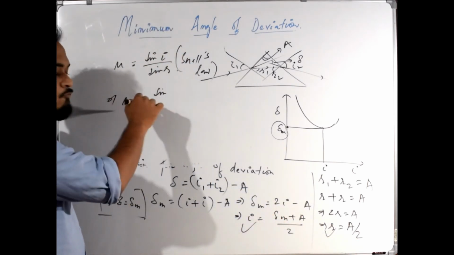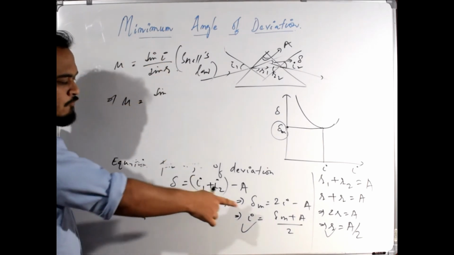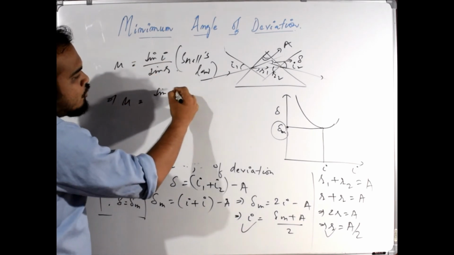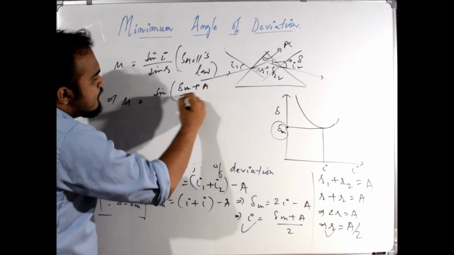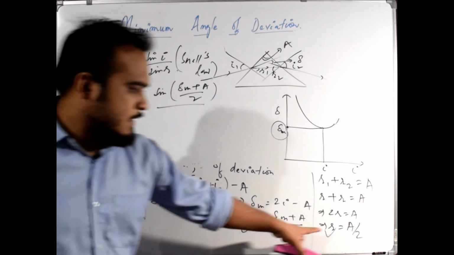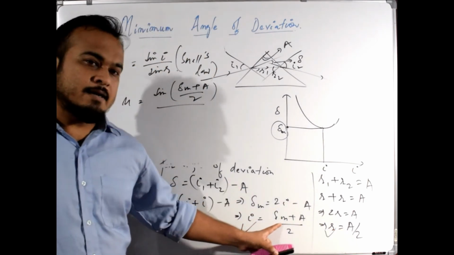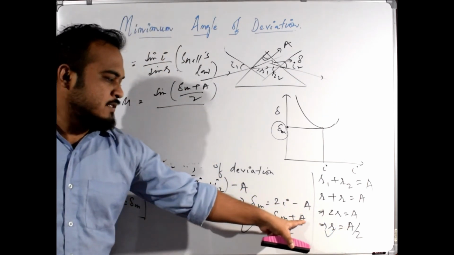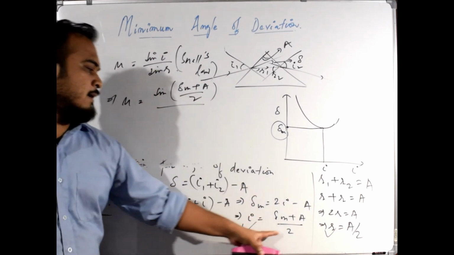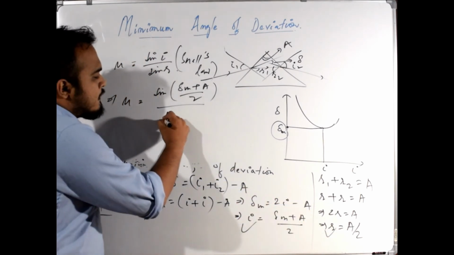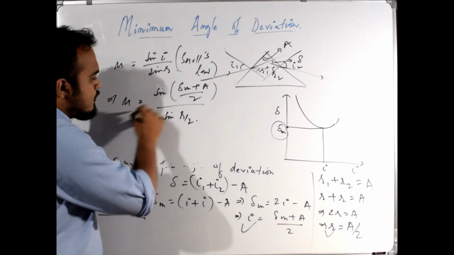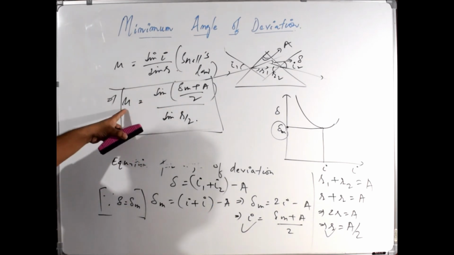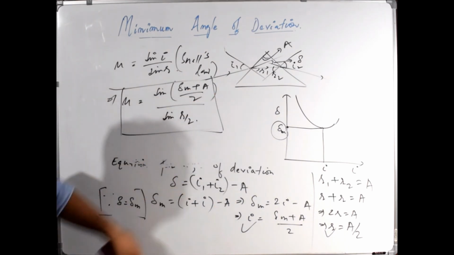So from these two values we can write that mu is equal to sine of (delta m plus A) divided by 2, divided by sine of A by 2. So this is the equation for refractive index in terms of delta m and A.